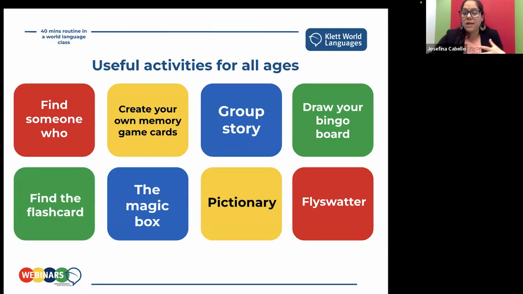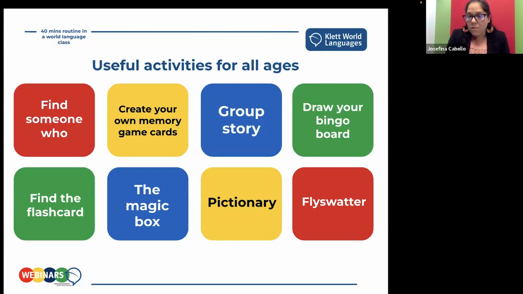Depending on your theme, you can start asking questions like, find someone who has a dog, find someone who has a cat, find someone who does not have any pets. So you customize the questions depending on your unit and on your students' age and level.